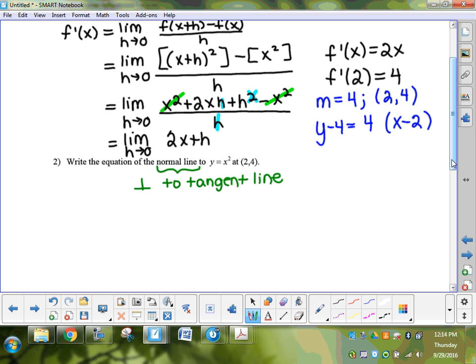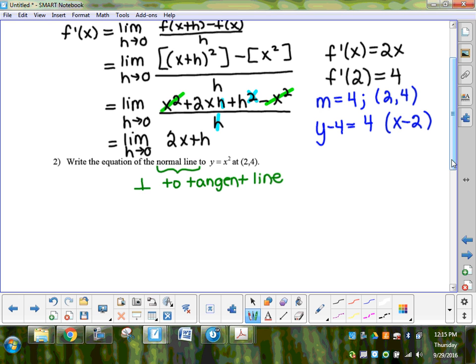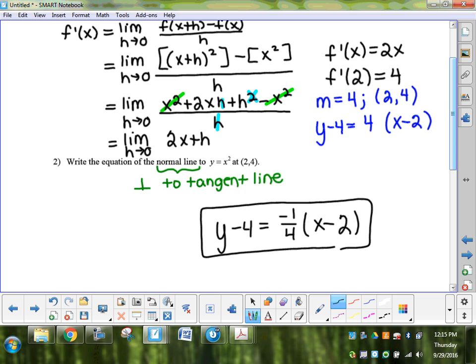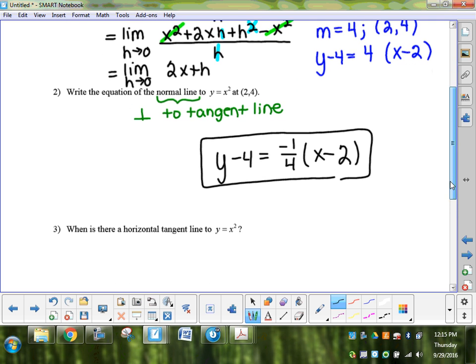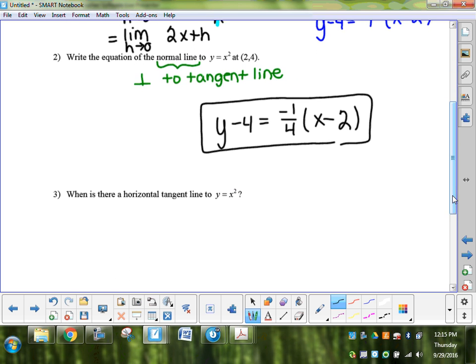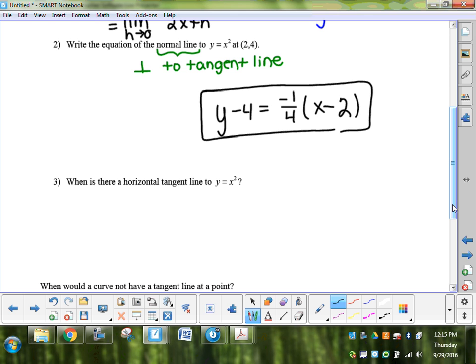So knowing what you know, Molly, what would you say the equation of the normal line then would be at that point? y minus 4 equals negative 1 over 4 times quantity x minus 2.